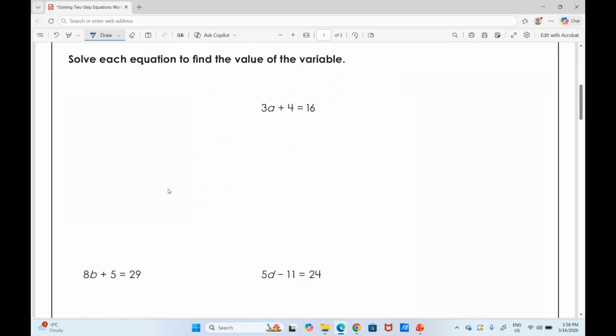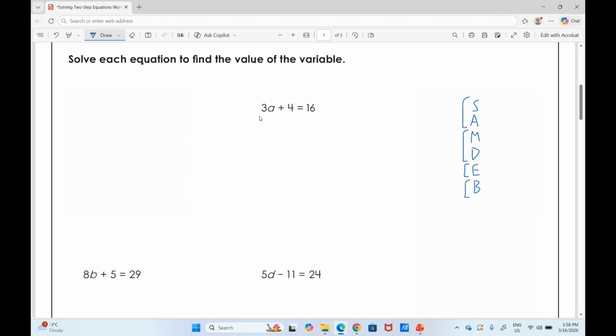So now let's go over some example problems. Here I have 3a plus 4 equals 16. Recall we want to use reverse BEDMAS, SAMDEB. We're going to apply SAMDEB to our question, in which we undo subtraction and addition first, then undo multiplication and division, then exponents, then brackets.